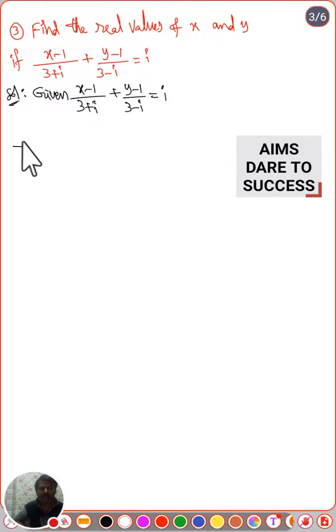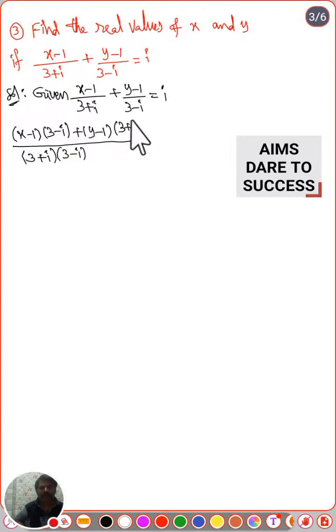My dears, take LCM. LCM is (3 + i) into (3 - i). Okay, now cross multiply, we get (x - 1) into (3 - i) plus (y - 1) into (3 + i) is equal to i. Multiply: x into 3, 3x.